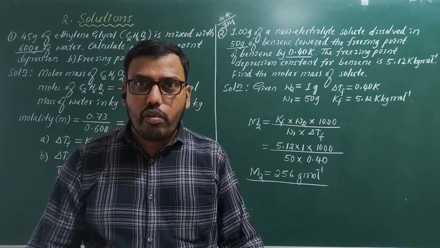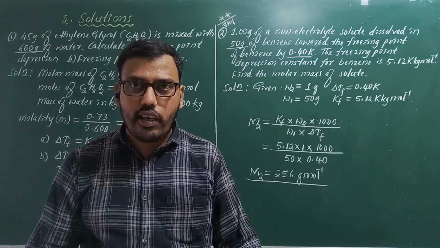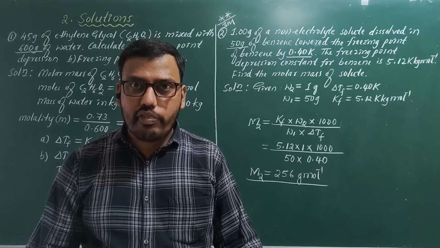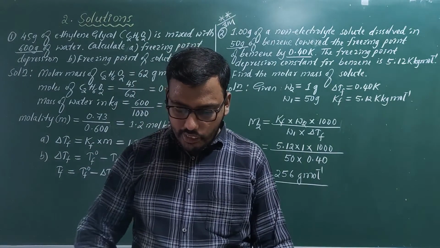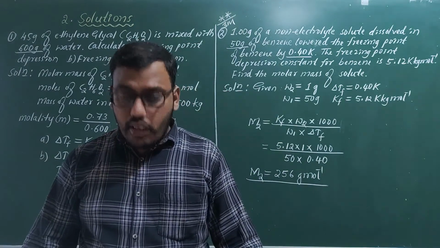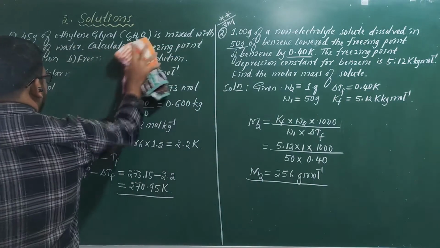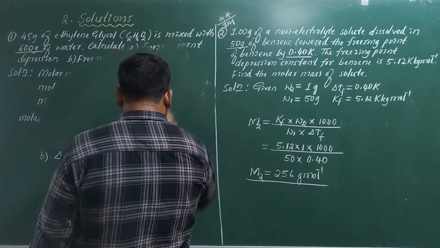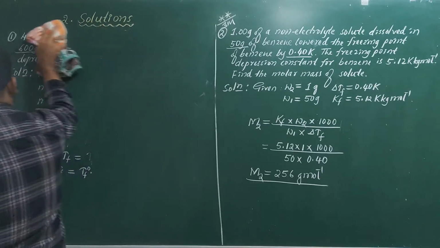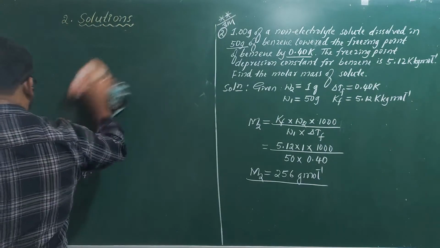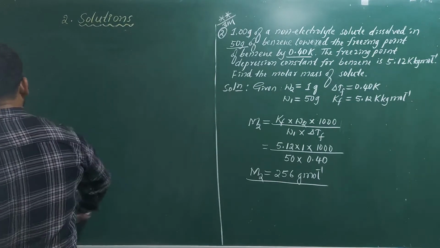Kb is molar elevation constant, also known as ebullioscopic constant, and Kf is molar depression constant, also known as cryoscopic constant. So this value of Kf and Kb depends upon the nature of solvent. It depends upon the nature of solvent and enthalpy of fusion and enthalpy of vaporization.